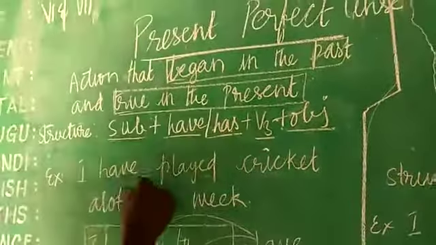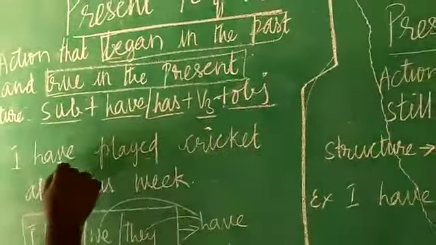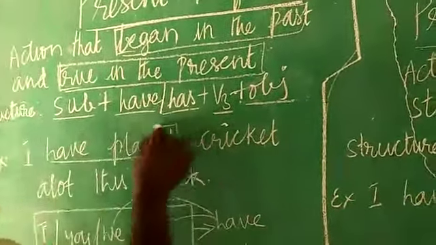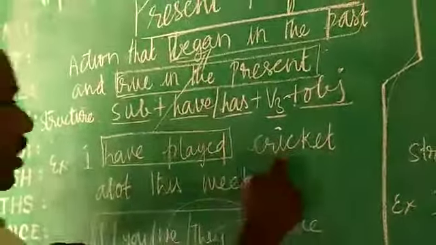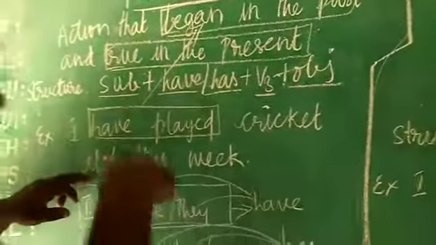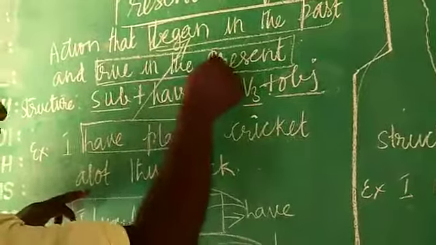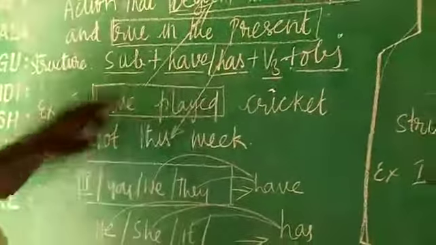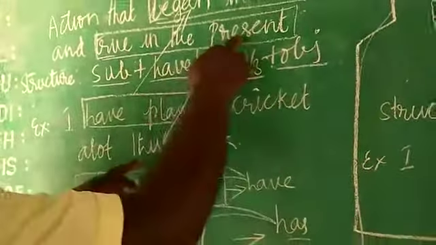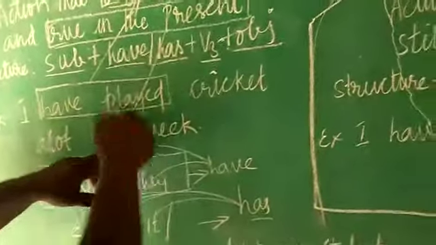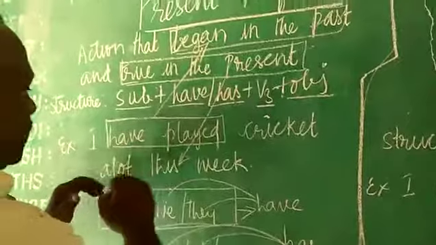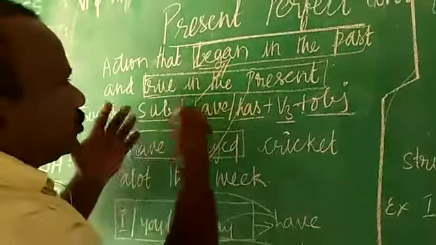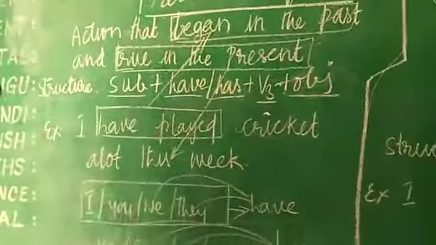The action began in the past and is true in the present. This week means it's talking about the present, and since we are talking about this week, it is a present tense, and we played a lot, that is true in the present. That's the meaning of it.